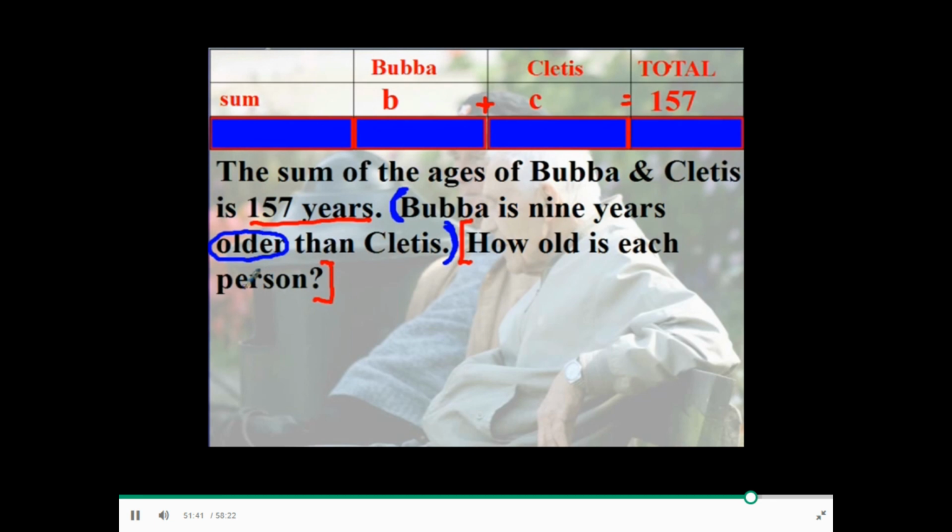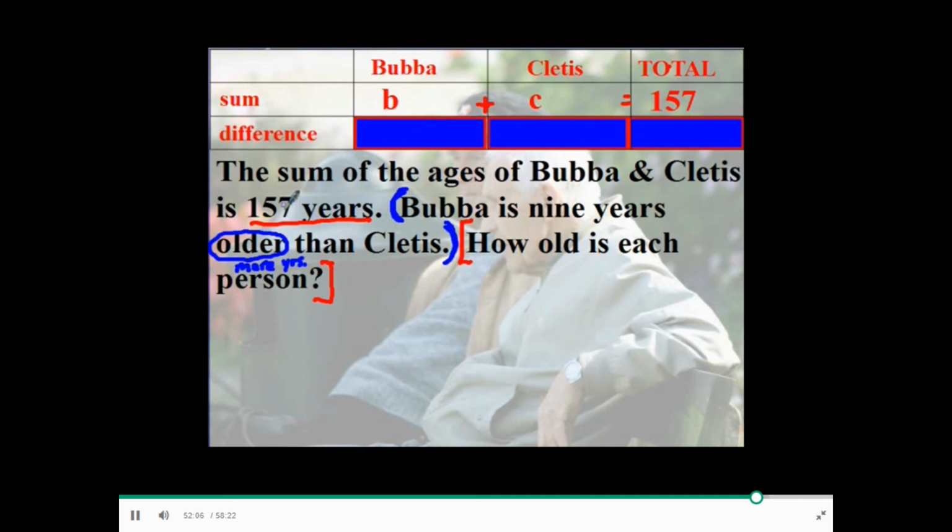So if you were doing this in Spanish, for example, you would say that Bubba has 9 more years than Cletus. And that's what we're really looking at. We're looking at the word more, in this case older. Older, since it means more, means I'm going to do a substitution problem. So really you're talking about the difference of their years. So I write the word difference there. That word really not that important, but I'm going to put difference.